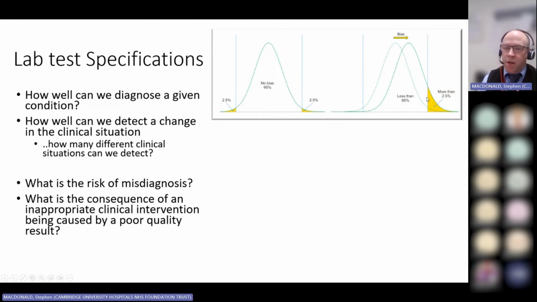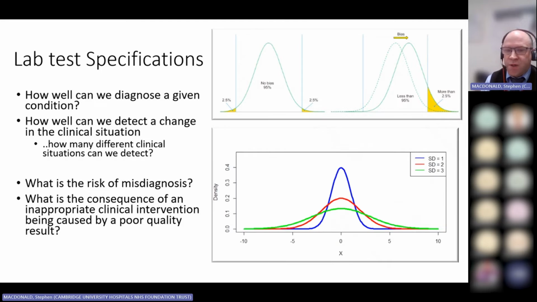So this isn't a linear response, this is an exponential response. And I quoted some numbers last time that a bias of 0.5 SDs will give a further 10% being moved out of that reference range. So it's really important that we control bias and we understand that and measure it, because ultimately it's going to have a really significant impact on misdiagnosis.